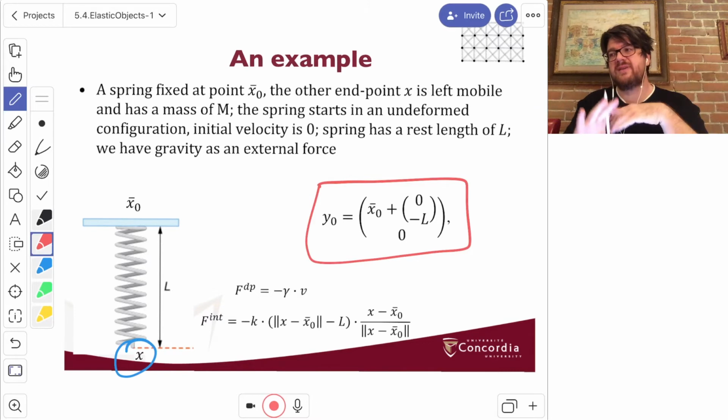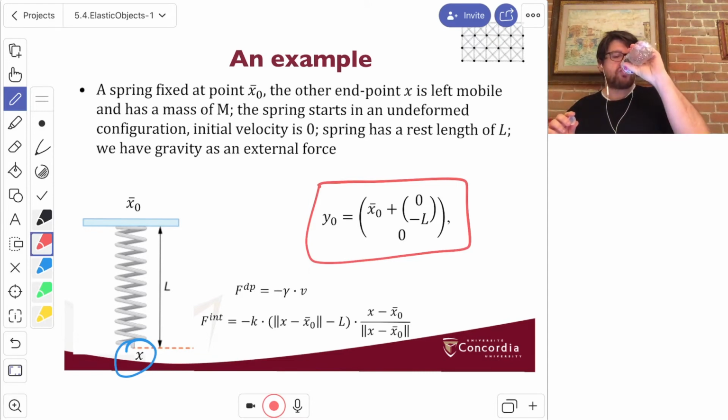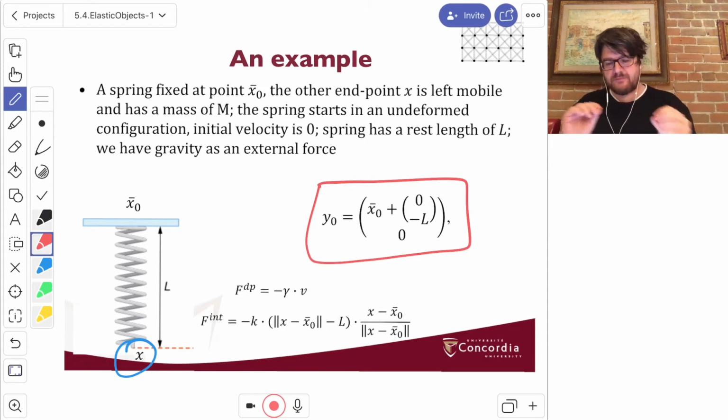If we have a spring system which is embedded in 3D with n points which are free, some of them have to be fixed, otherwise everything is going to fall, but we typically fix some of the points. So if we have n points which are not fixed, the y vector is going to be 6 times n, essentially, in length.